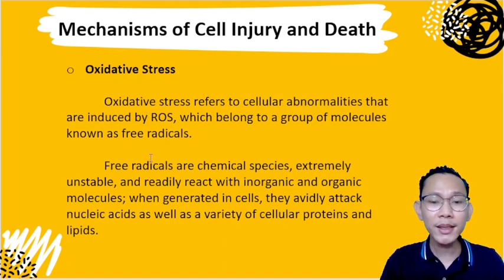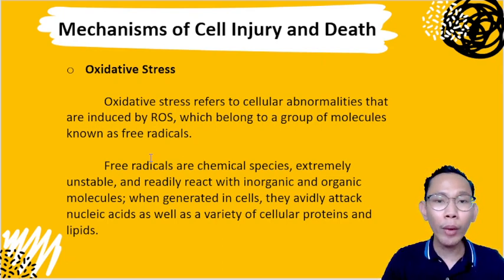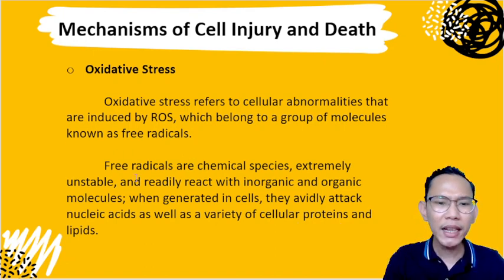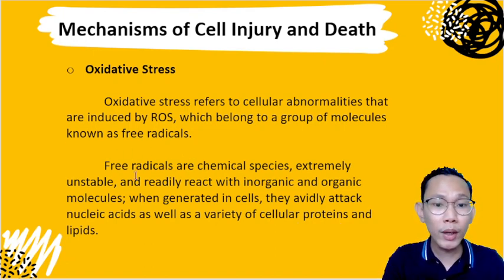Your free radicals are chemical species, extremely unstable, and readily react with inorganic and organic molecules when generated in cells. They avidly attack nucleic acid as well as variety of cellular proteins and lipids. So basically, these free radicals are very toxic to our body because they can attack different part of our cells.